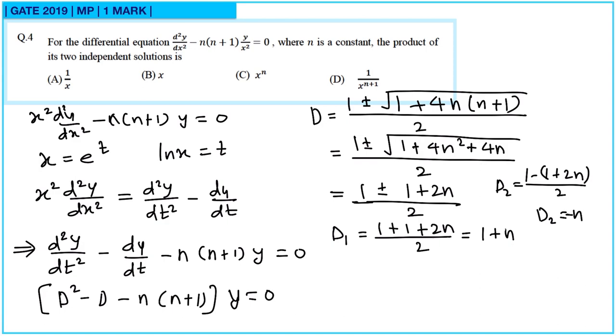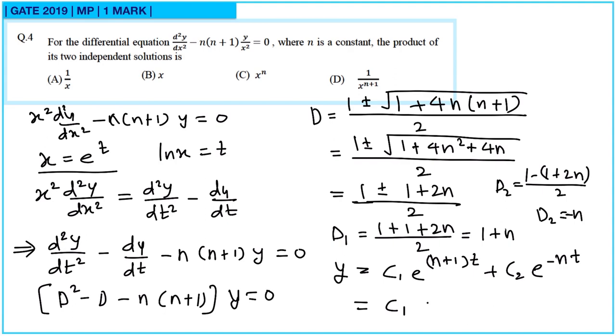So we have two roots, n plus 1 and minus n. So y is equal to c1 e raised to (n plus 1)t plus c2 e raised to minus n t. But e raised to t is x. So c1 x raised to n plus 1 plus c2 x raised to minus n.